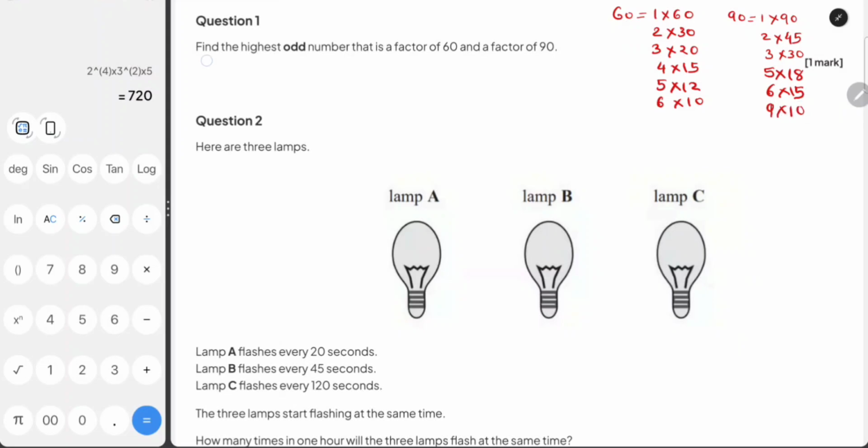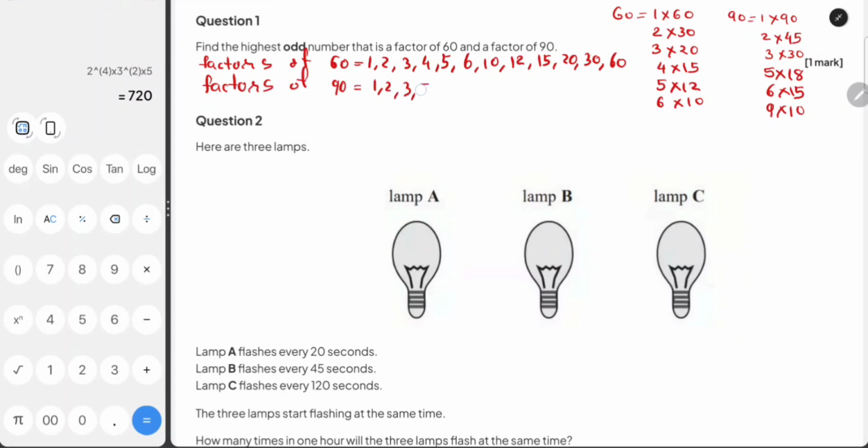So all the factors of 60 are 1, 2, 3, 4, 5, 6, 10, 12, 15, 20, 30 and 60. And factors of 90 are 1, 2, 3, 5, 6, 9, 10, 15, 18, 30, 45 and 90.